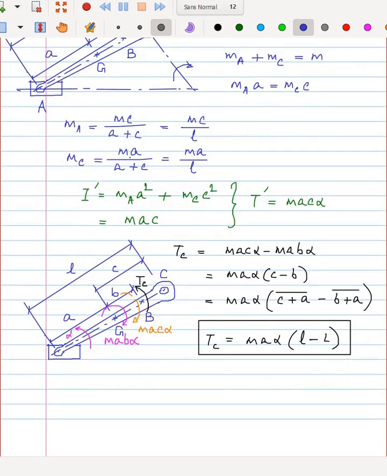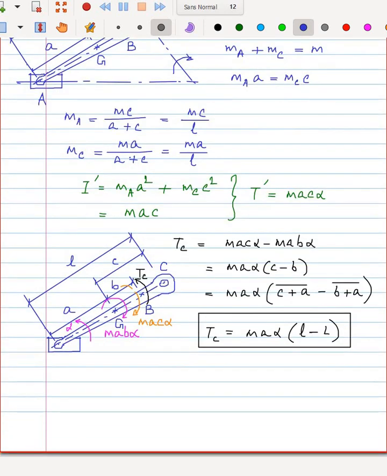So we have to make some correction, and for that correction, if the angular acceleration of this connecting rod is in this direction, and that is alpha, then the actual inertia force is MAB alpha in this direction. But if you take this as your moment of inertia, then the inertia force is MAC alpha. So to make this MAC alpha into MAB alpha, we give a correction torque of MAC alpha minus MAB alpha.